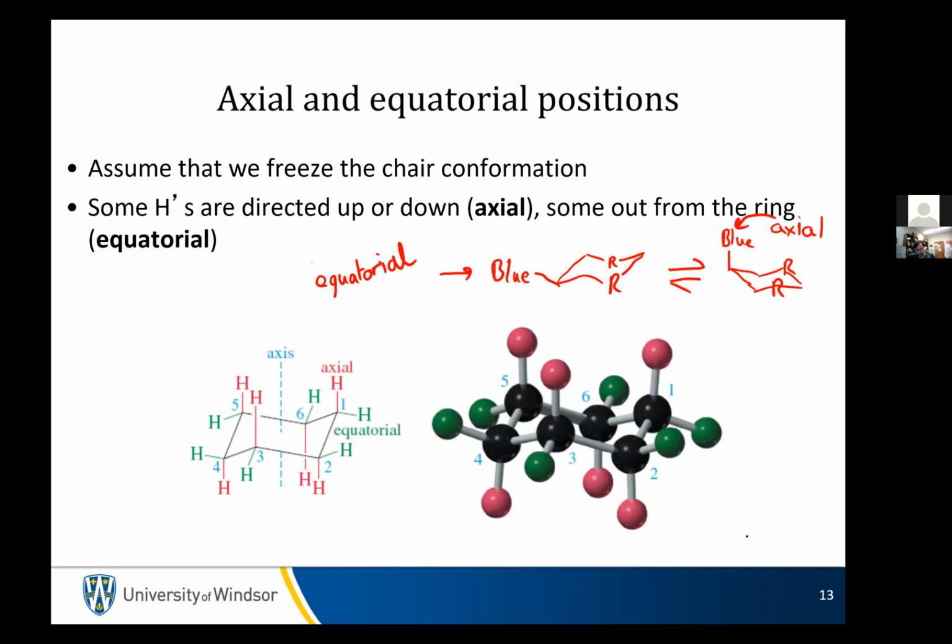If you look at the camera, I've got my six-membered ring with two groups attached to it. Right now they're both axial, and let's say they're both ethyl groups.